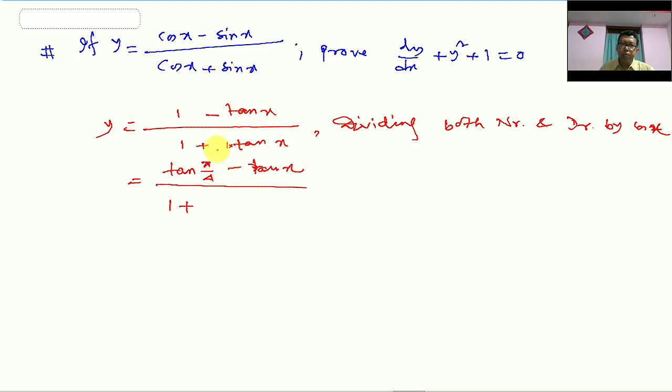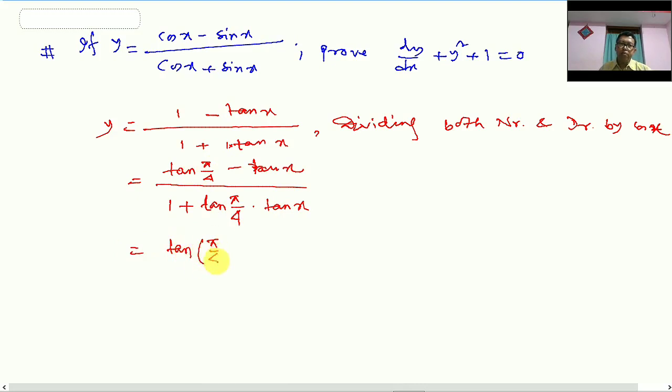That is a benefit of multiplying by 1, because this 1 can be replaced by tan of pi upon 4 into tan of x as usual. So there is a formula: tan a minus tan b whole divided by 1 plus tan a into tan b is equal to tan of a minus b. Here it is pi upon 4 minus x. It is your y.